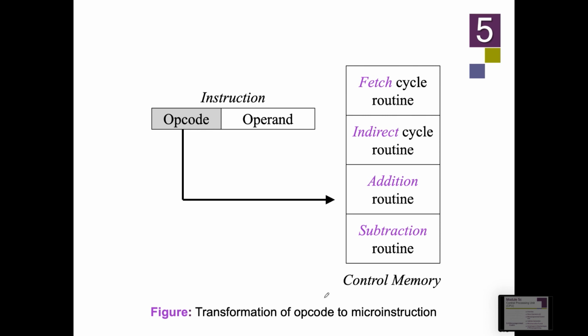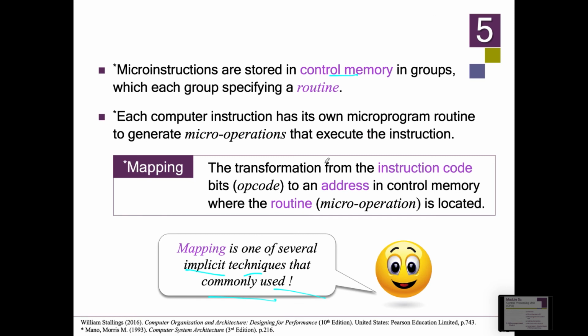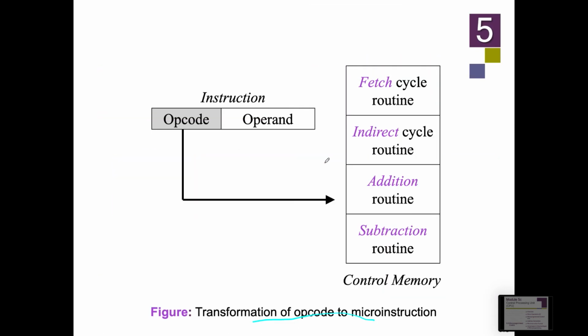You can also see that several other processes are there, like the fetch cycle routine, indirect cycle routine, and subtraction routine. So this is the transformation of opcode to your micro instruction. So this is about your address generation.